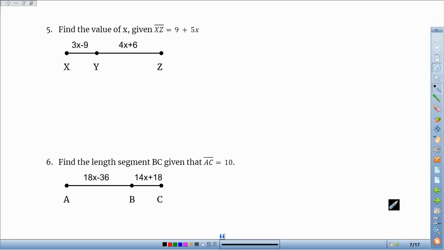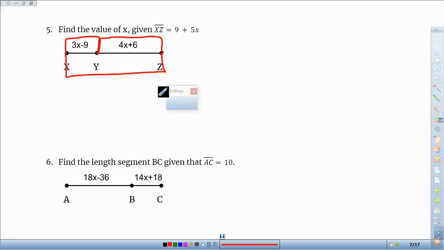Getting into the next couple problems, these are also giving us segments. These are different. These aren't telling us we have a midpoint. They're giving us a value for the 2 small parts of the segment, and then in the directions, they're giving us a value for the entire thing. It's saying that XZ is 9 plus 5x.